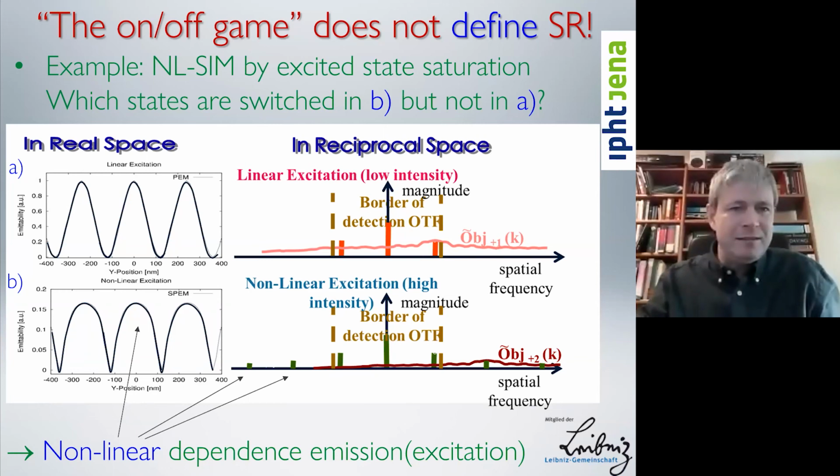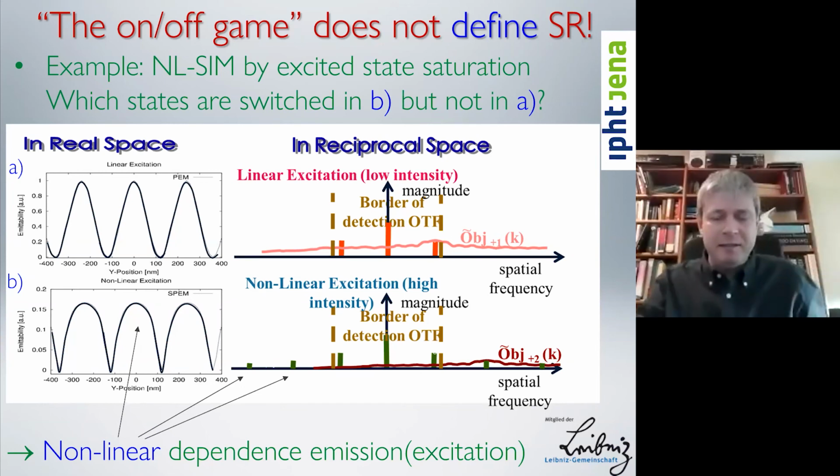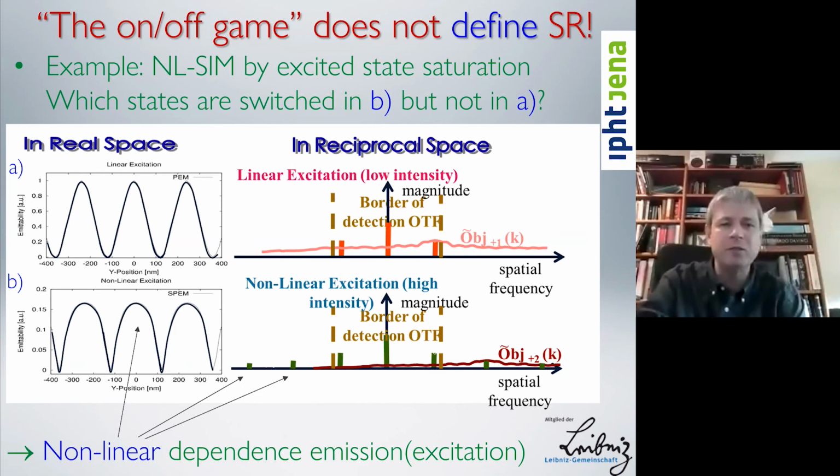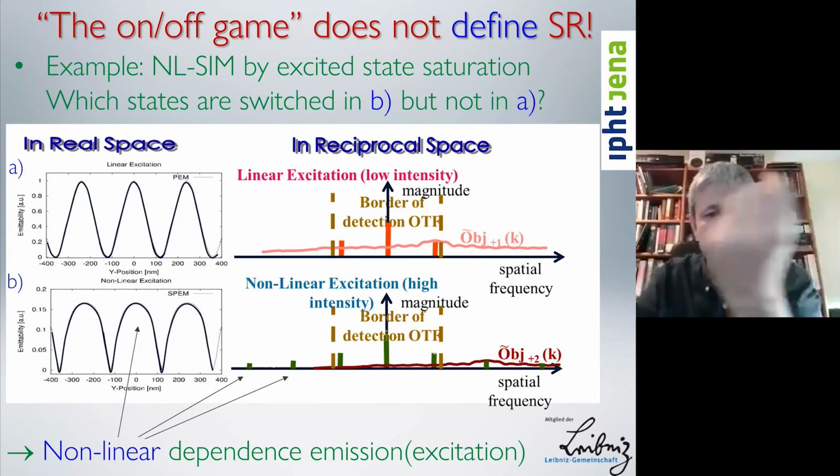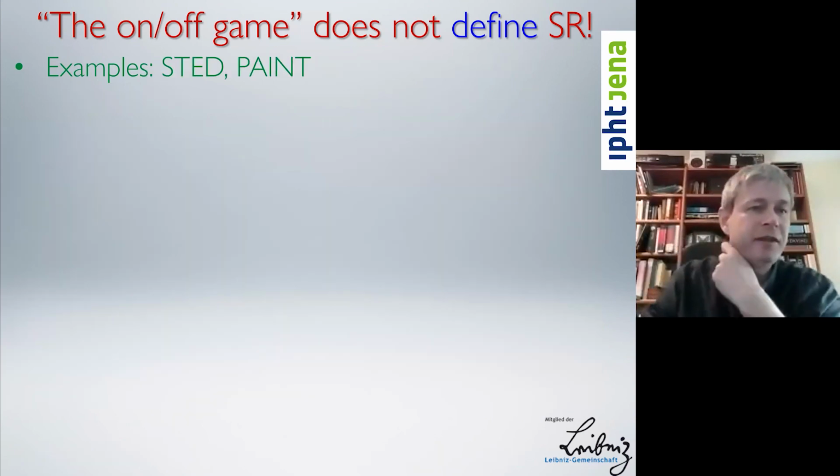I think it's not really a defining feature, this switching on-off game of fluorophores. Yes, they do switch and they do things, but we are not really exploiting it, maybe except in the case of single molecule microscopy, but there we use it not for the super resolution, but for making them into single molecules, which is a totally different thing.